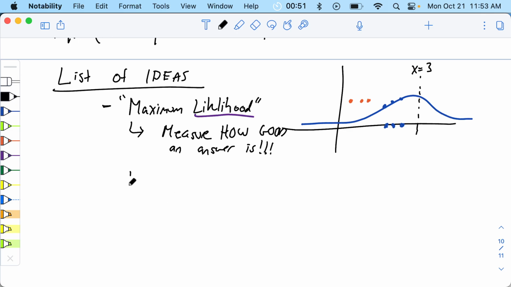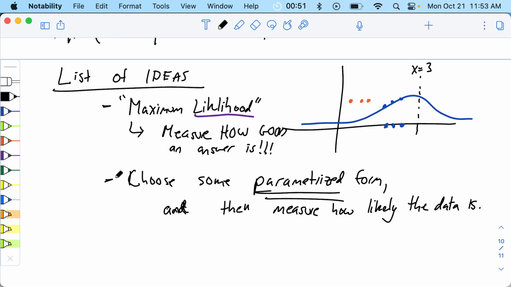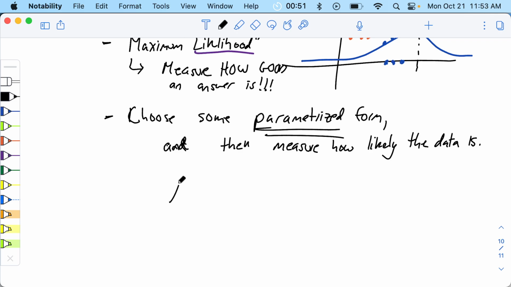If you choose some parameterized form, then measure how likely the data is. An example of this is choose a Gaussian, or a Gaussian if you're fancy.